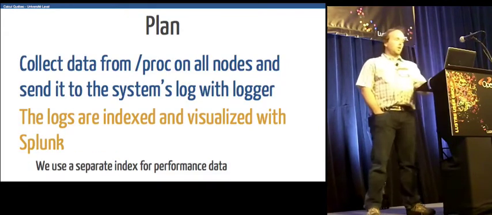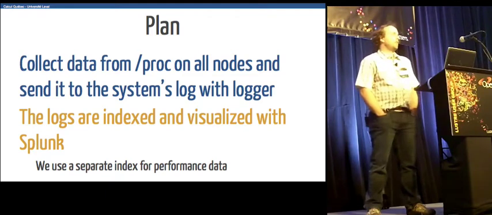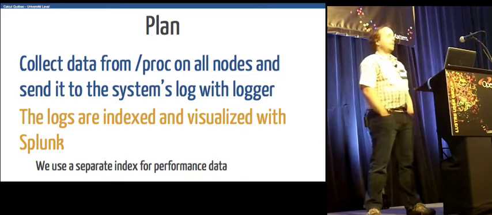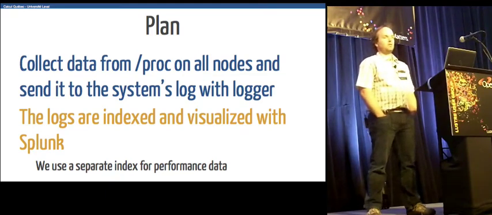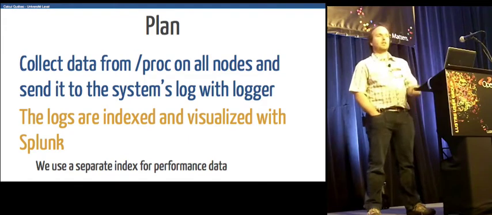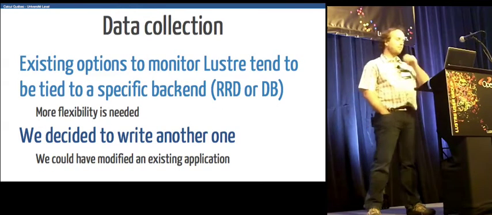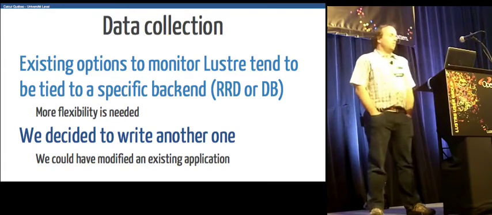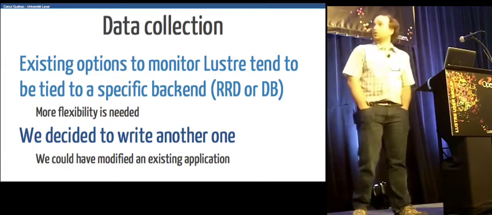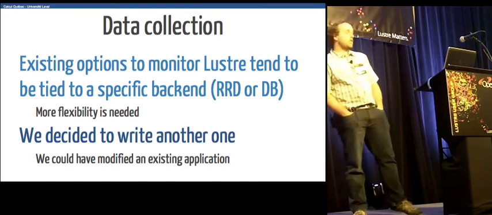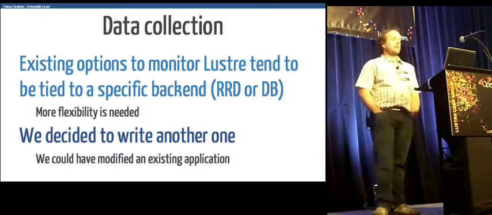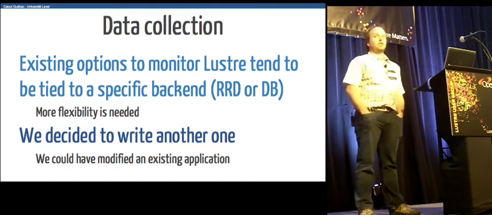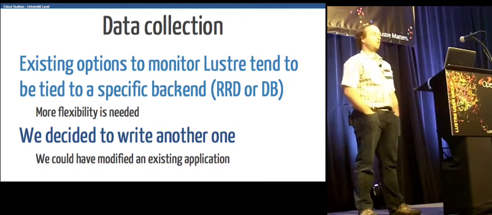So what we figured, basically, is that if we can simplify our monitoring data to key values, we should be able to just push it into Splunk and use Splunk as the graphical interface to query the performance data. So our plan was to collect performance data from the Lustre /proc file systems on all the Lustre clients and Lustre servers in our infrastructure.